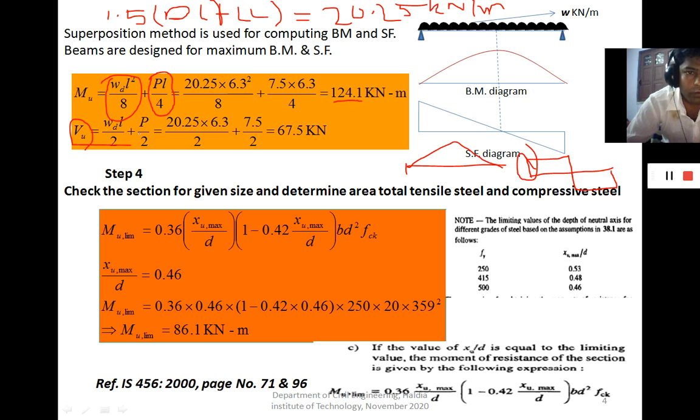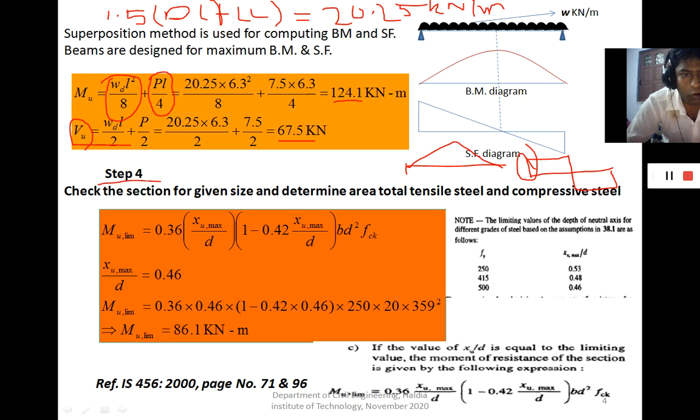These two shear forces we add and we get the total shear force applied on the beam, and those values we consider for design. The ultimate applied moment is the factored moment, and the ultimate shear force is the factored shear force. So we design the beam for ultimate factored moment and factored shear force. We calculate and get the values of ultimate moment and ultimate shear force.